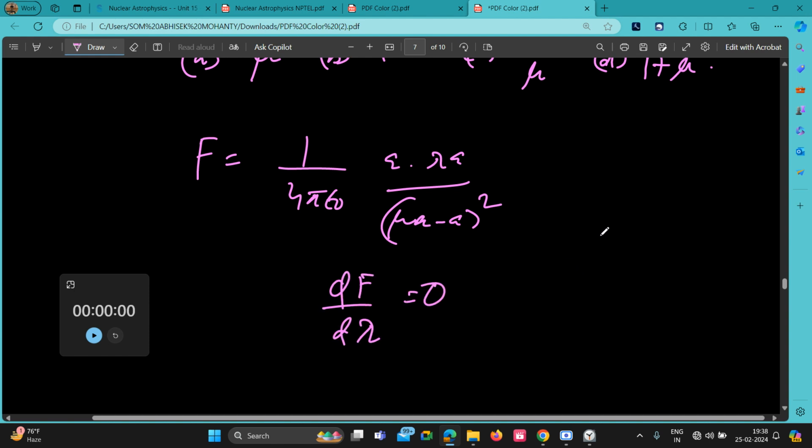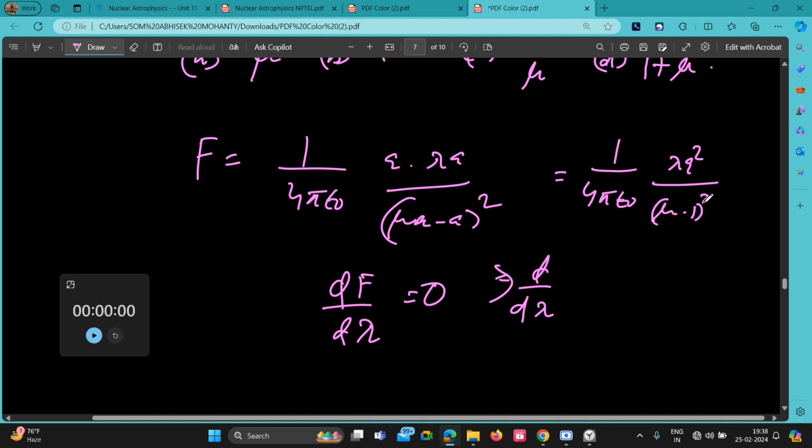We just did it in the previous question. So if you see, d by d lambda of this is 1 by 4 pi epsilon naught lambda q square divided by (mu minus 1) whole square a square, isn't it? Right?